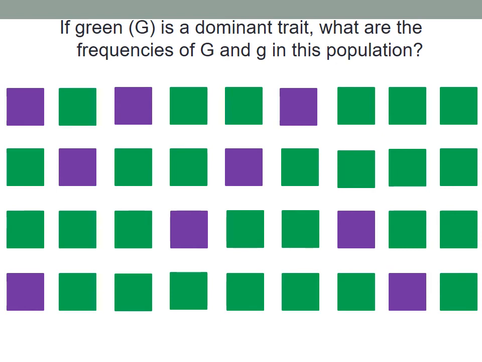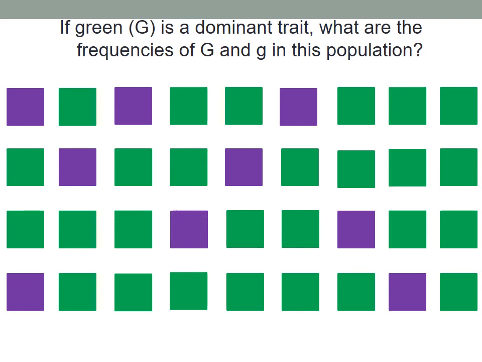Now if you say q squared is 9 divided by 36, that's going to tell you that q squared equals 0.25. Hopefully some of you are really good at math. If you know that q squared is 0.25, you can take the square root of that number and figure out what q is. So q is 0.5.